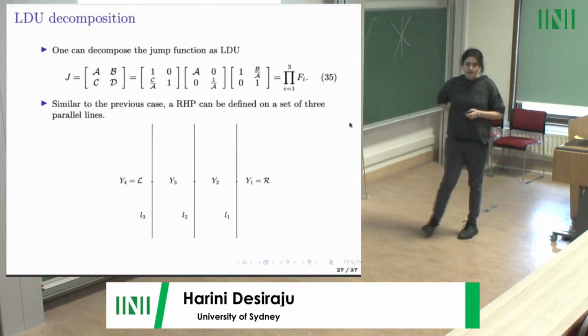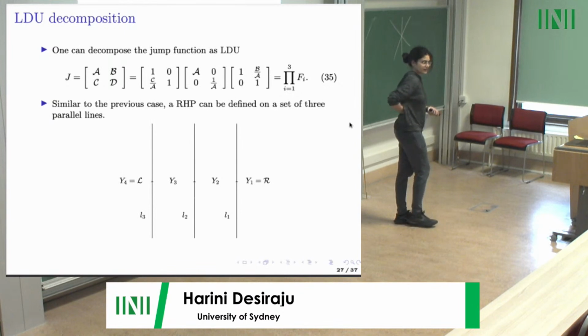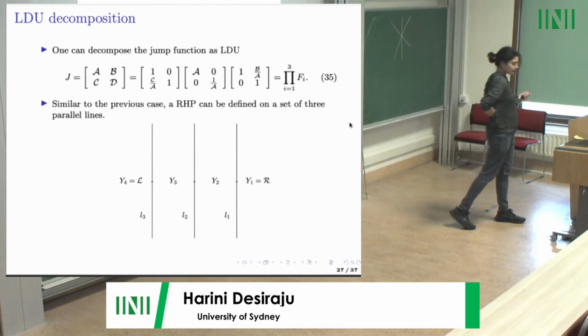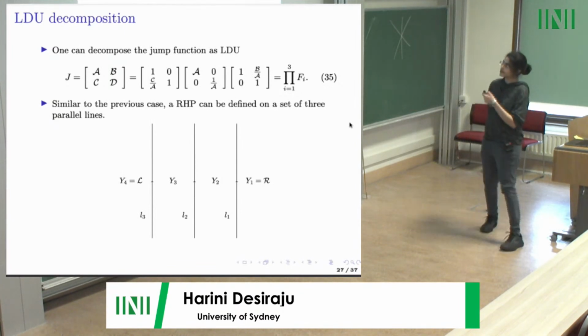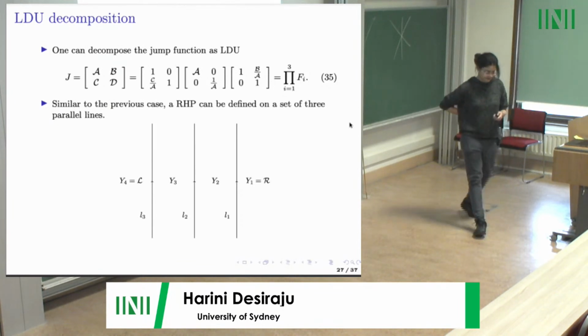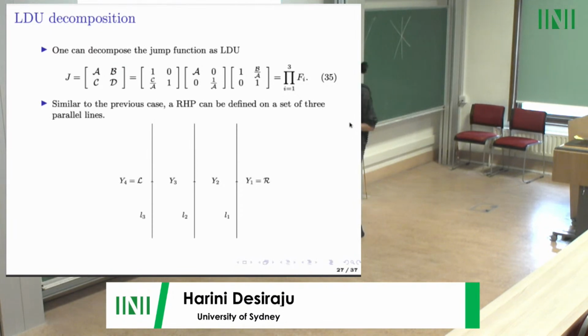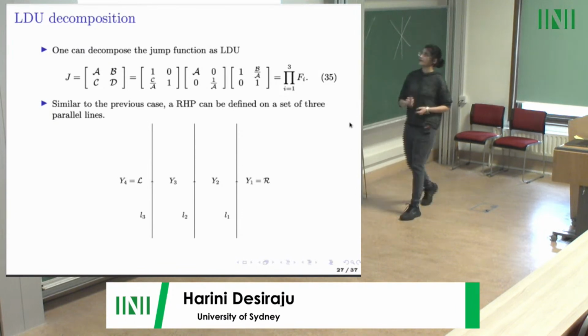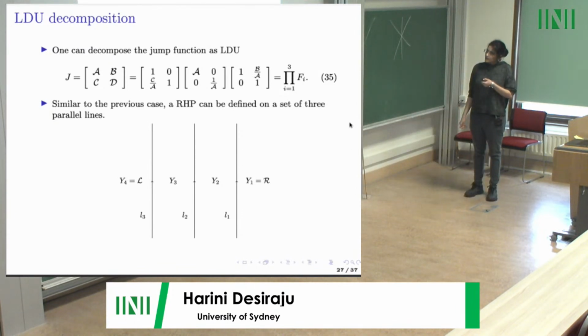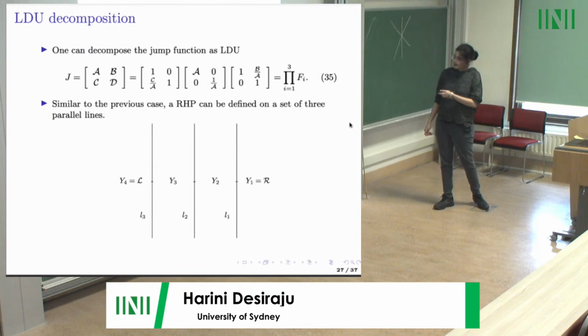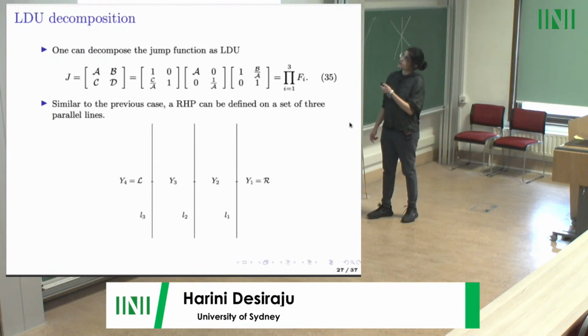I can decompose any SL2 matrix as lower, upper, lower triangular, diagonal, and upper triangular matrices, which means that I can transform this Riemann-Hilbert problem again into a set of 3 contours with jumps which are lower, diagonal, and upper triangular. But this will not help me with the factorization because of the diagonal jump.